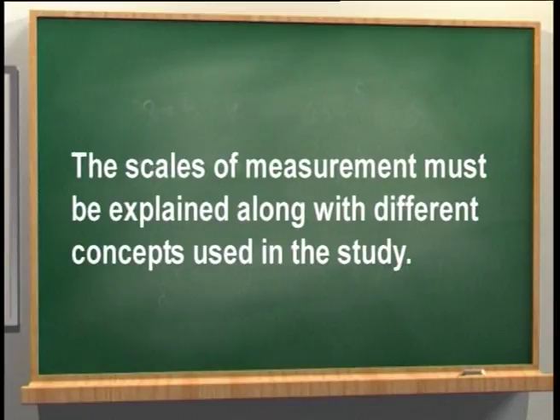The methodology must give various aspects of the problem that are studied for valid generalization about the phenomenon. The scales of measurement must be explained along with different concepts used in the study.